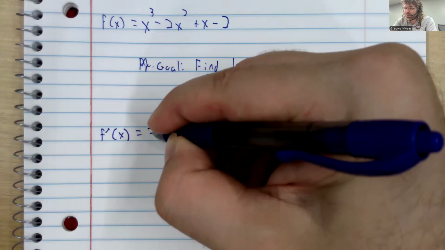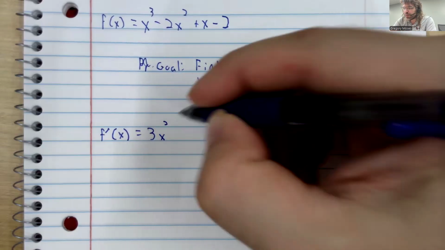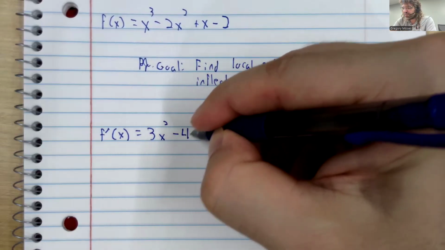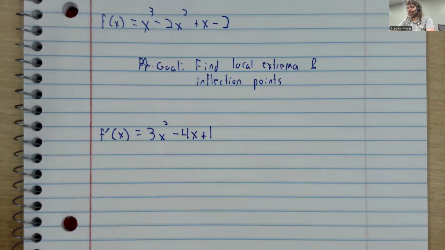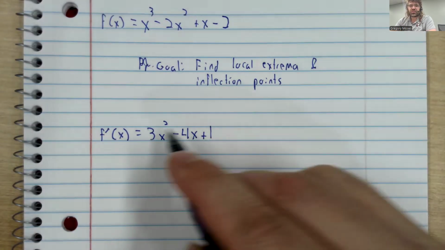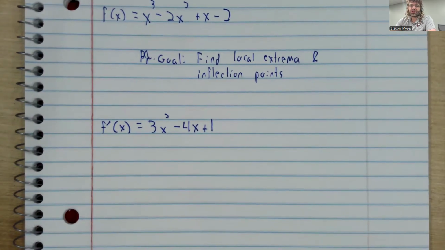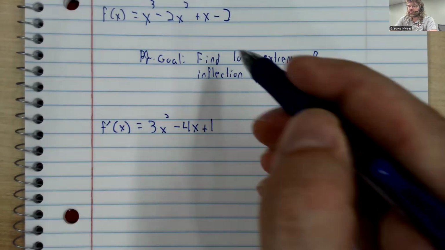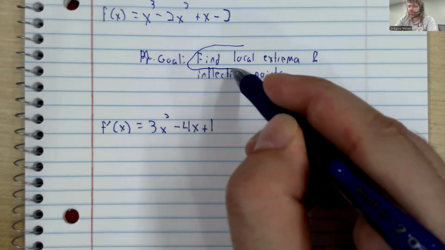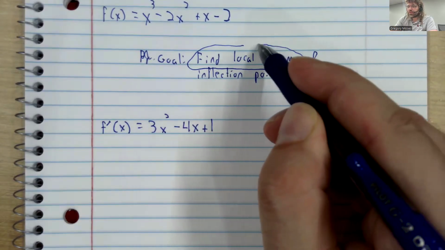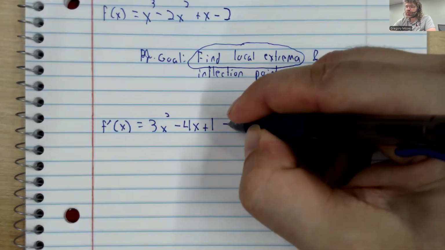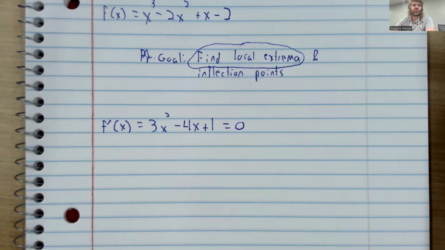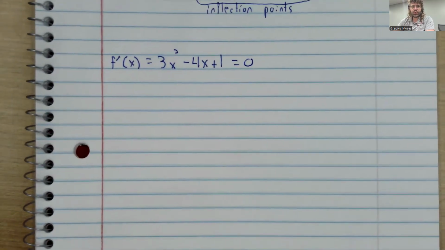So f prime of x is 3x squared minus 4x plus 1. And this always exists. So as far as the local extrema go, we set it equal to 0 to get the critical values.